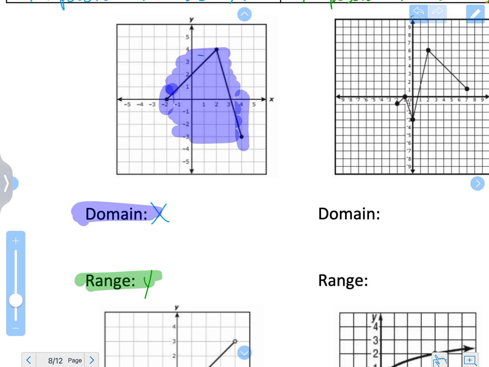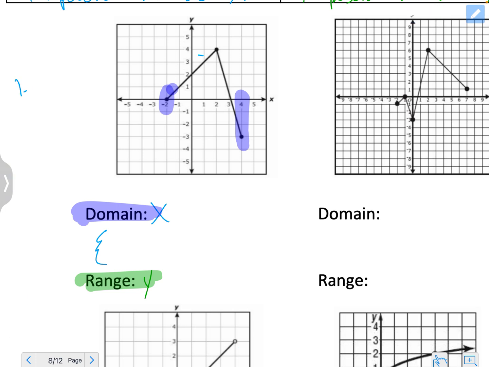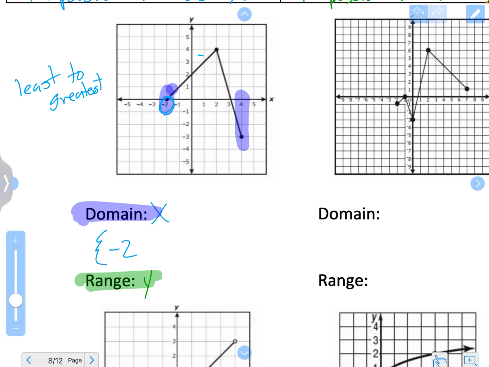So the way that we're going to write this is we're still going to use our fancy brackets. Let me get my pencil. Come on now. There we go. We're still going to start with funky brackets, and we're still going to go least to greatest. So of the two numbers that I highlighted, -2 is my smallest number. 4 is going to be my biggest number.